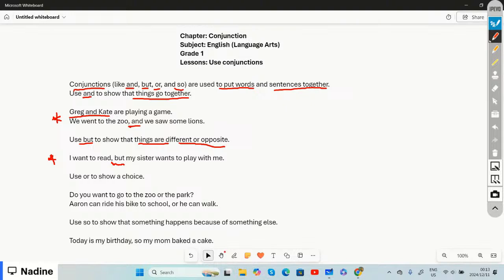So we use the word but, and that is to show that things are different or opposite. Then we use or, and we use or to show a choice. It's either this or it is that, to show a choice.